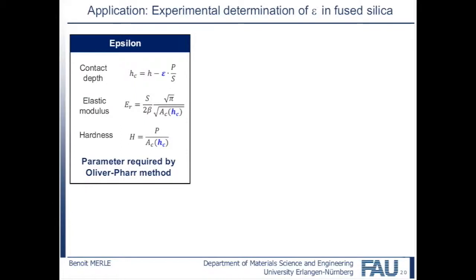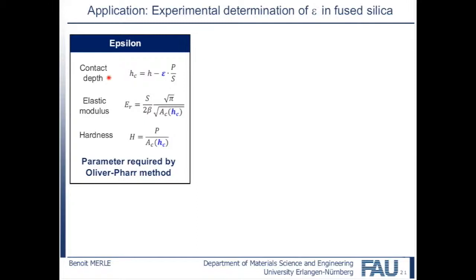We have also extended the method and the ideas that I've developed before to the experimental determination of epsilon in fused silica. Epsilon is a parameter that is repeatedly used in the Oliver-Pharr method.